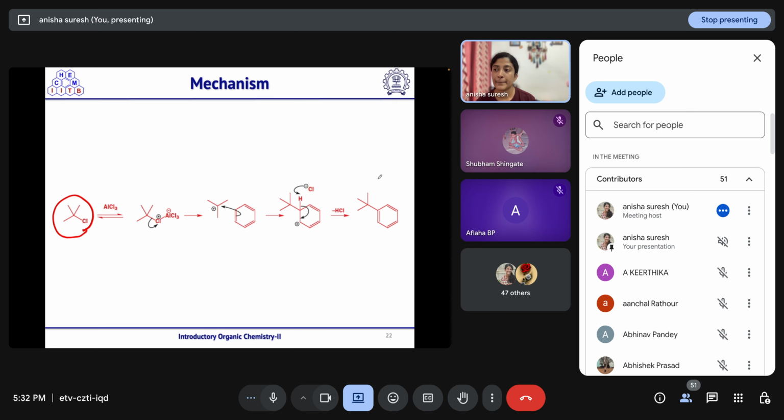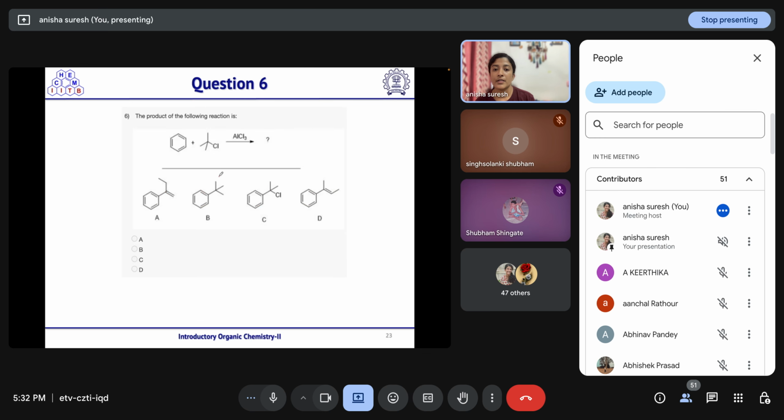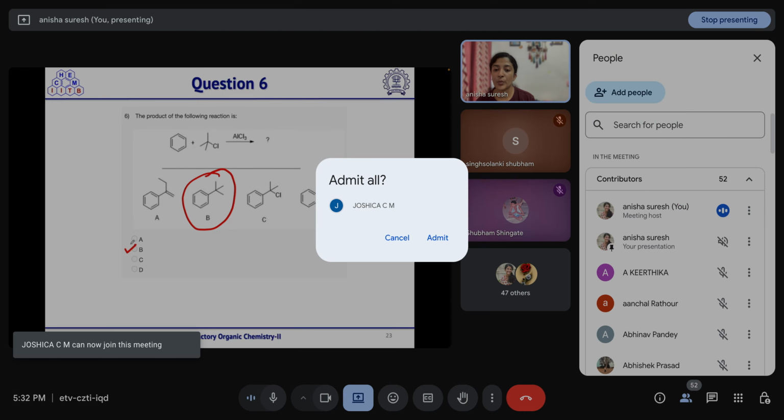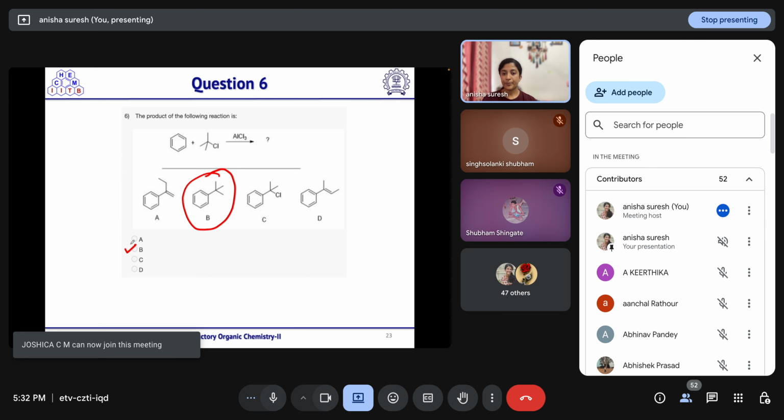Clear? Yes, ma'am. So this is the Friedel-Crafts alkylation reaction. This is the final product that will be forming, that is option B.